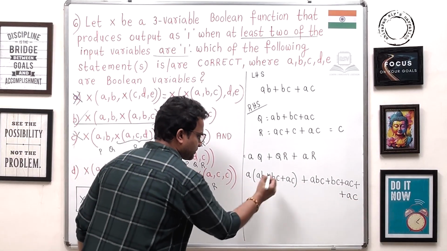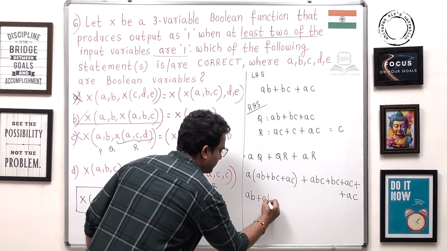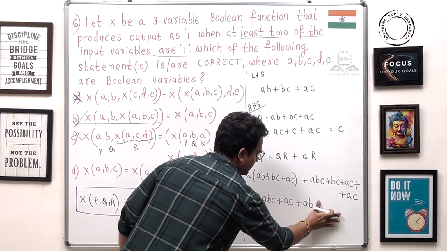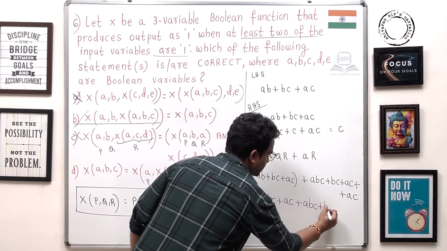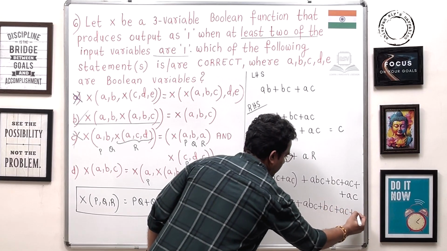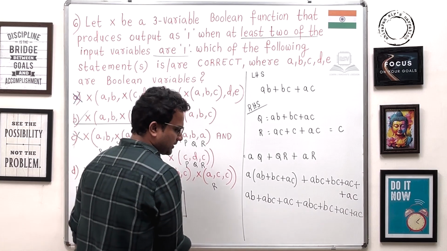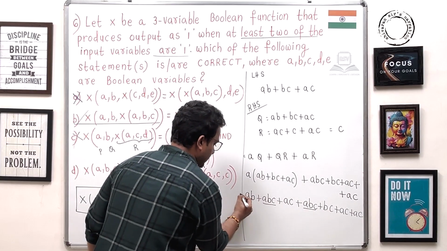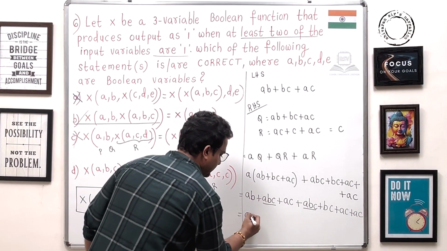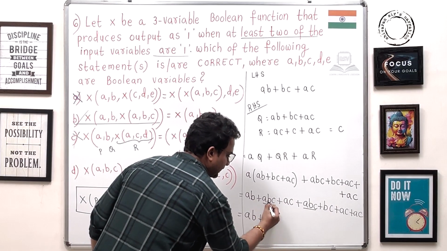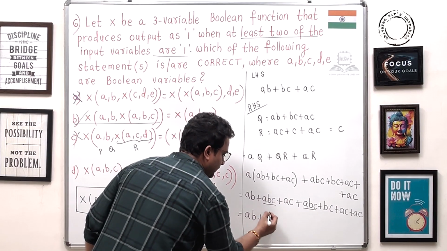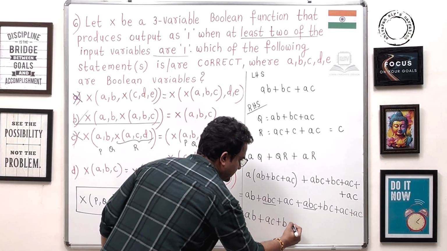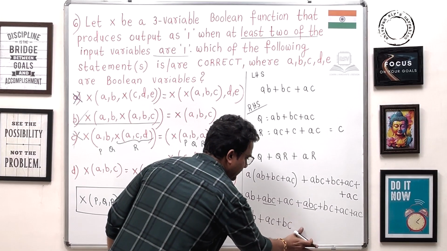Now guys, when you expand, you get AB plus ABC plus AC. Again, ABC, BC, AC, AC. Now guys, here it's ABC, and again here we'll write AB. Like this ABC, you take AB as common. You get AB as it is and AC plus BC. That's it. So anyway, AC is repeated.